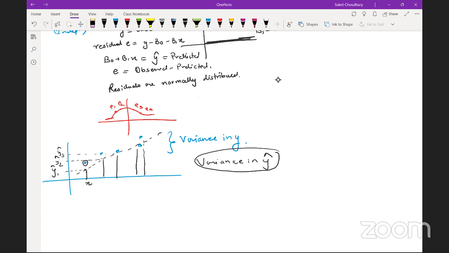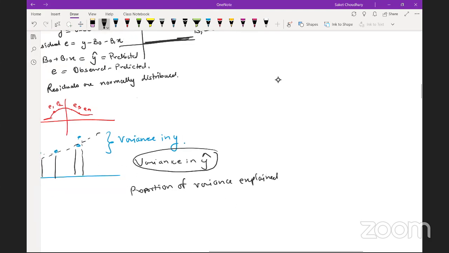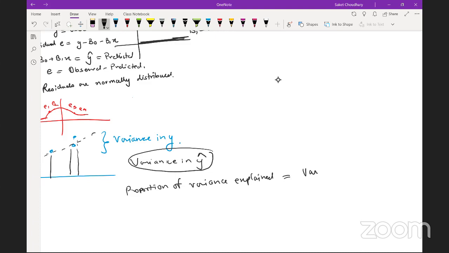Okay, so let's put it the other way around. The proportion of variance explained is equal to variance in y hat divided by variance in y. Okay, fine.